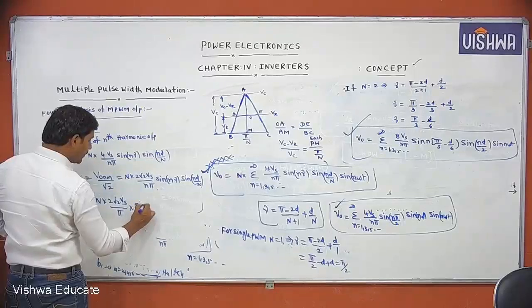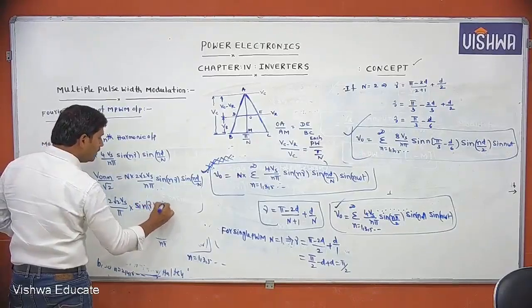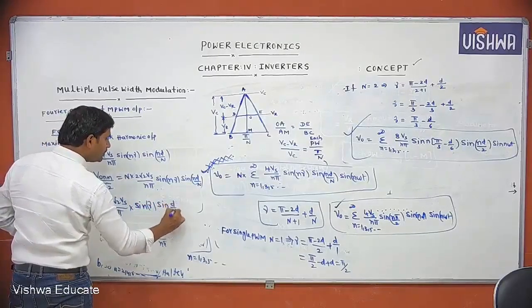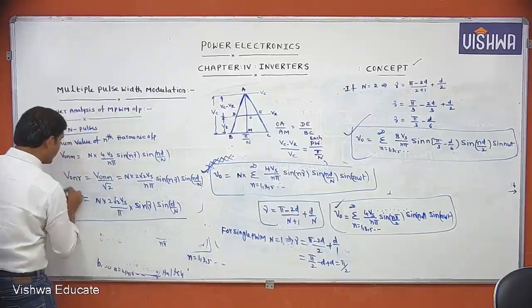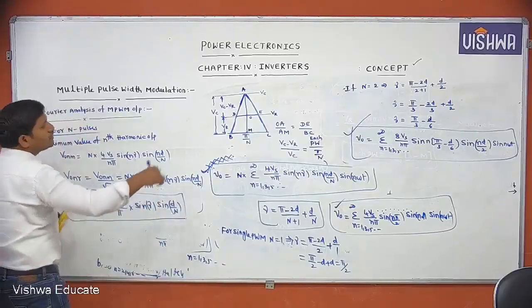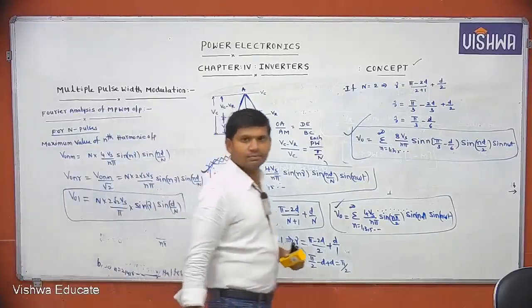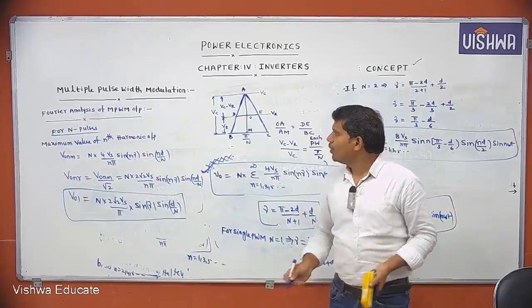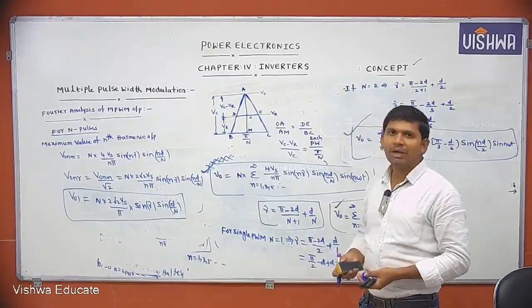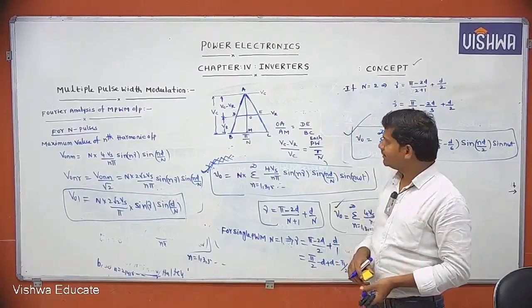This is the RMS value of the fundamental. Like this we can write any formula. This is about the multiple pulse width modulation technique.